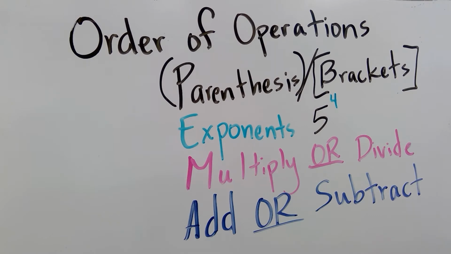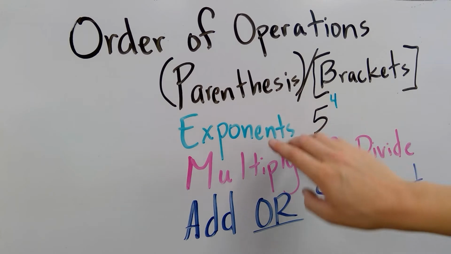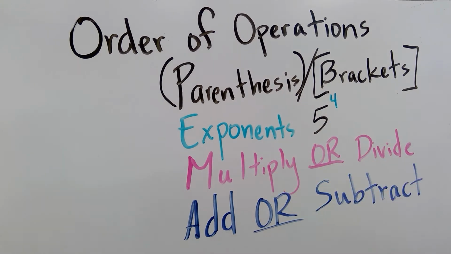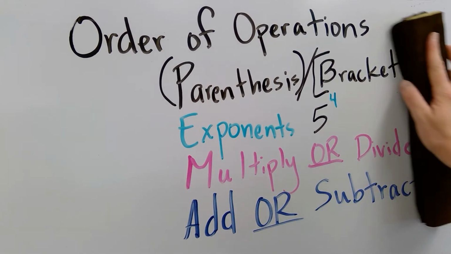Okay, so that's the order. Parentheses, brackets come first, then we take care of exponents, then we multiply or divide whichever comes first, then add or subtract.